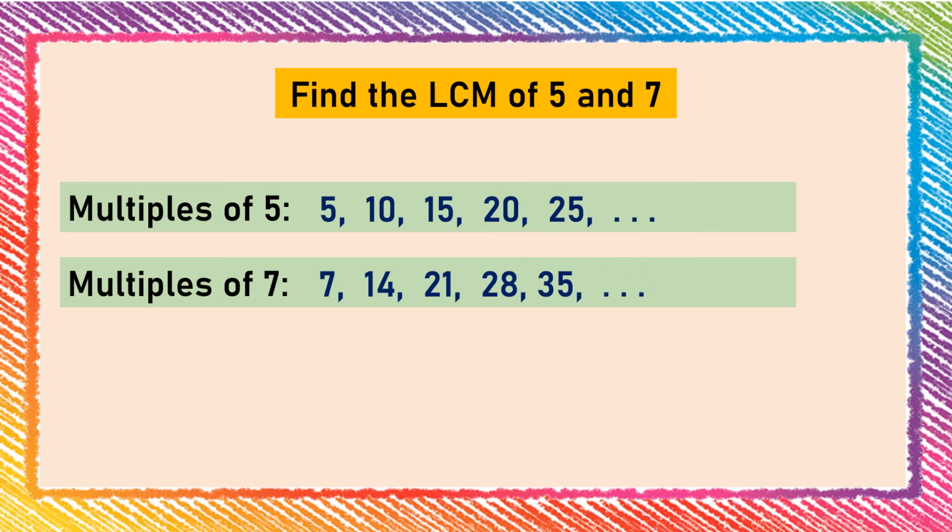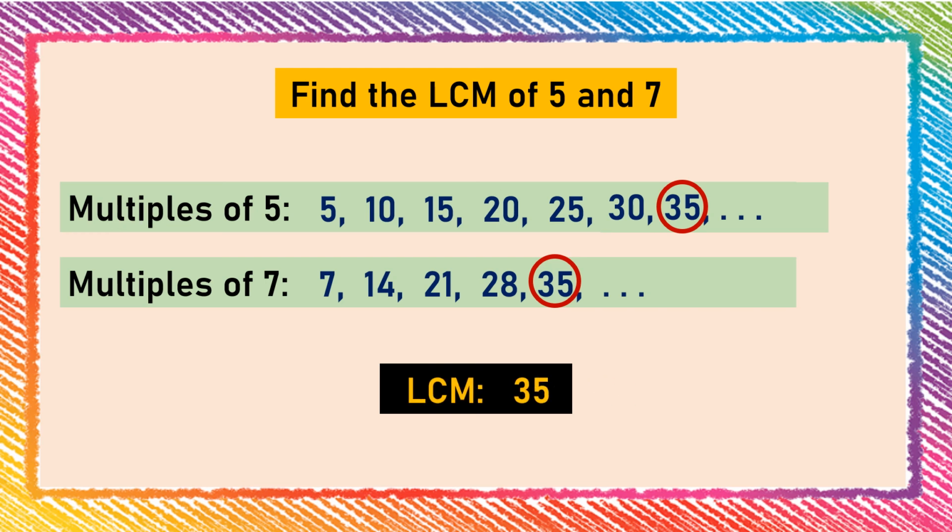Notice that there is no number common to them. So what you need to do is just continue listing the numbers. Now we can see that 35 is their first or least common multiple.